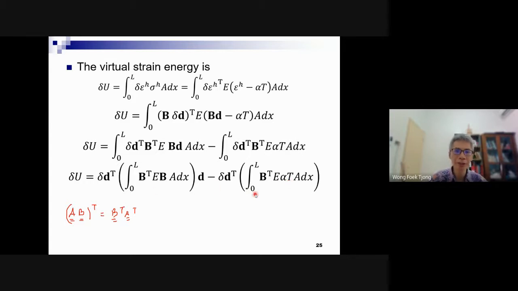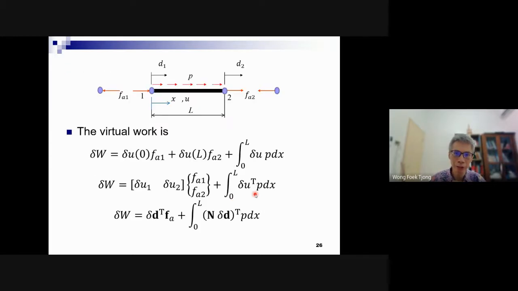Okay, any questions? That's on the left side. On the right side, we have the virtual work of external forces. That's this one, okay? So what should we do? We add node 1 and node 2, with the virtual displacement at this one and at this one.